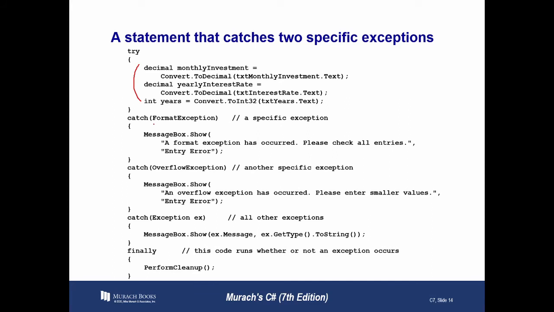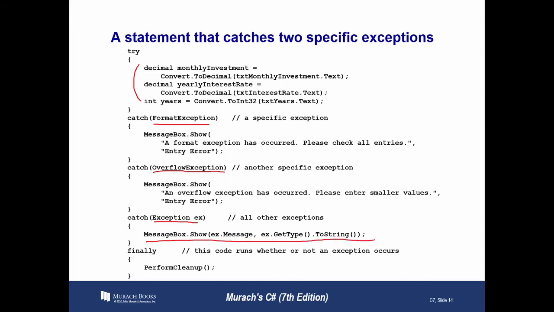And then we want to catch this format exception. As a result, if we get one of those, then put out this message. Then we want to try this overflow exception, and if that's the case, put out this message. And then, finally in this particular case, we've got this general exception at the end.